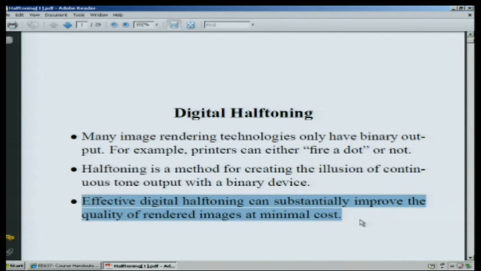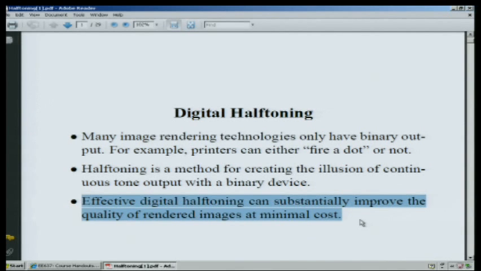Digital halftoning is a very important application for that, because there are some practical limitations in real rendering devices. Many classic devices for printing either print a dot or don't. Now, there are alternative technologies that exist for what's called continuous tone printing, which allows you to produce a variation of gray levels at each pixel.